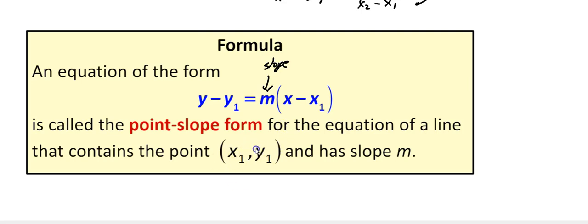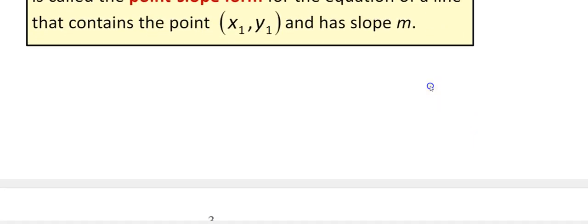It's very easy to see where this comes from, if you really want to think about it. If you have y2 minus y1 over x2 minus x1, that all equals m.